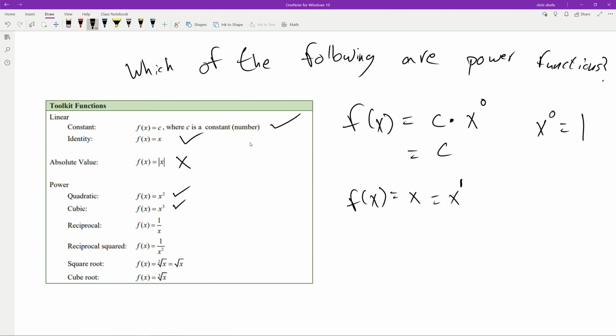For the reciprocal function, we have to be careful. F of x equals 1 over x is the same thing as x to the negative 1 power, which makes the reciprocal function a power function, because I can rewrite it in a way that has x being raised to some power.